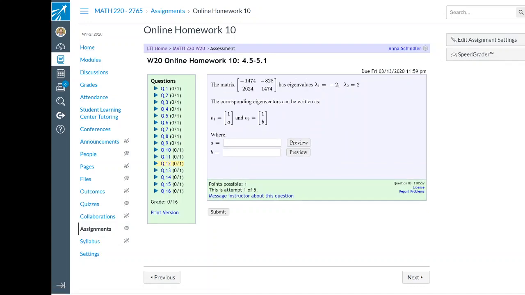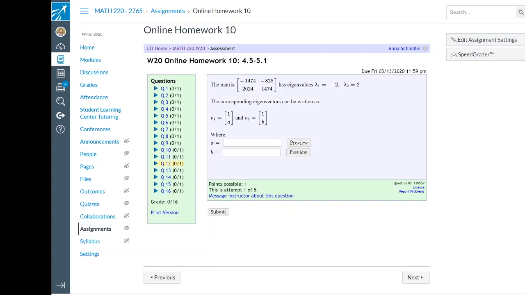Yeah, so this one tells you that it has two eigenvalues, and they call them lambda 1 and lambda 2, and then it asks you to find the two eigenvectors v1 and v2. So v1 is the eigenvector that goes with lambda 1 as an eigenvalue, and v2 is the eigenvector that goes with lambda 2 as its eigenvalue. So same process we just did, but you're doing it for two different eigenvalues.